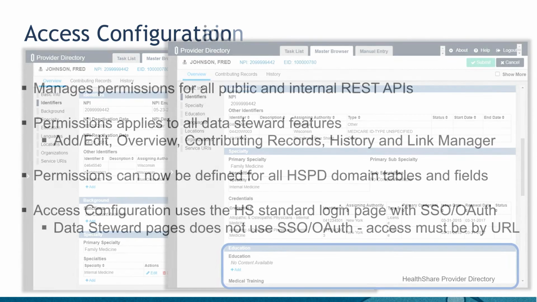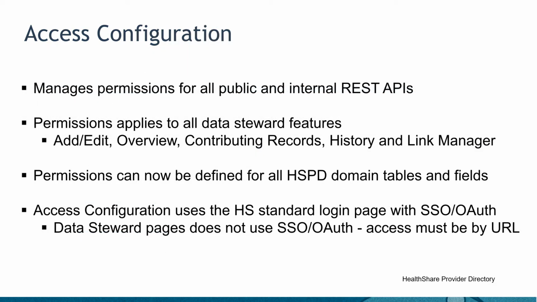It's important to also note that these access configuration roles and permissions apply to both public and internal REST APIs. So not only in the features in provider directory, but also if you want to query from provider directory or share information, the roles assigned in the APIs will automatically enforce those permissions.